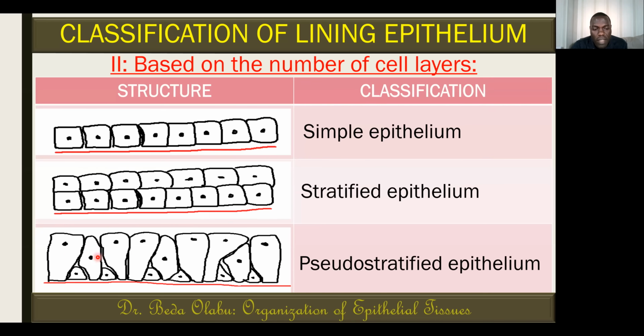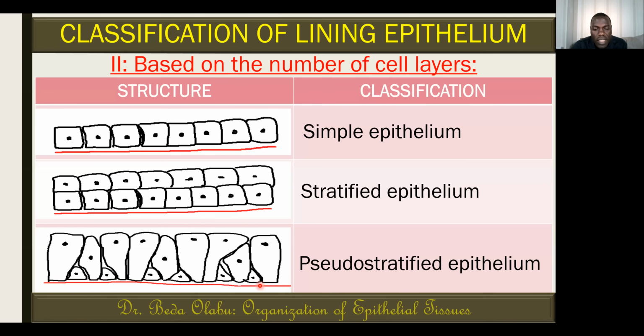If you look at this arrangement of cells, you can see multiple nuclear layers. And so it gives you the appearance of stratification. But if you look at it keenly, you notice that all the cells are actually resting on the basal lamina.